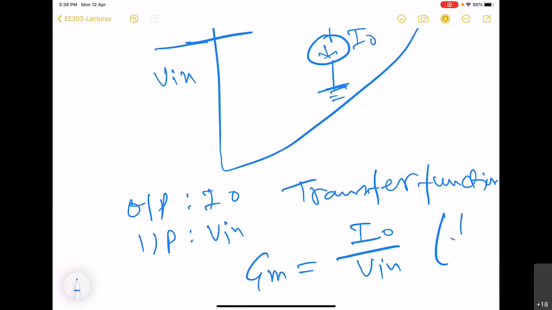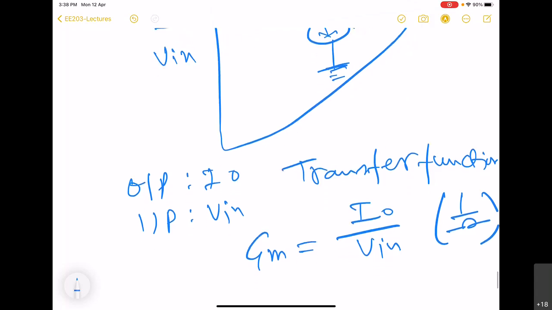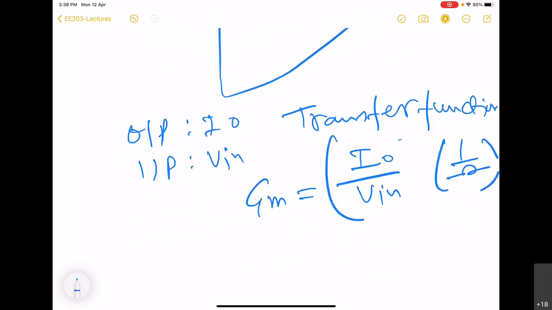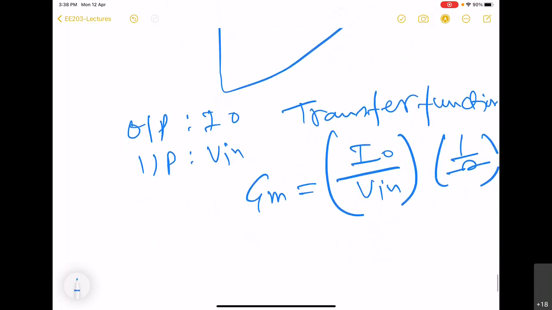And here you can see that it will have a unit of Siemens or mho, right? And because it is fundamentally a conductance, we say that one of the quantities is on the output side, the other quantity on the input side.